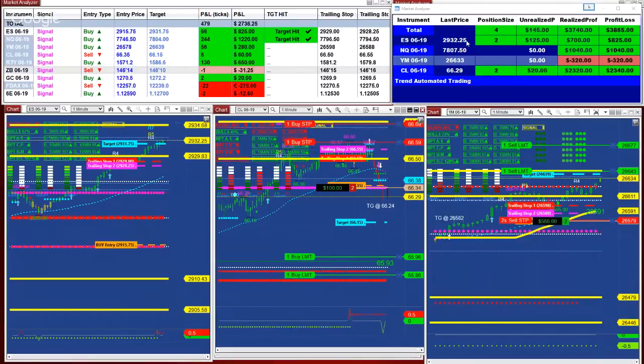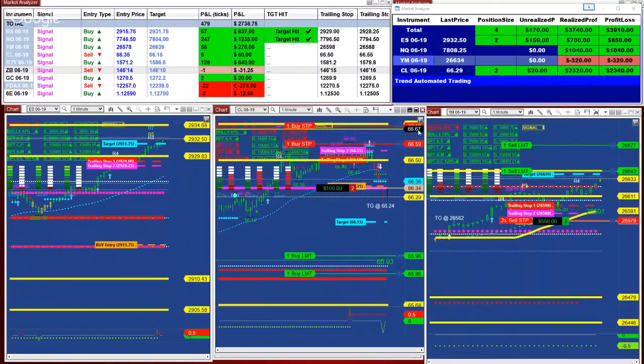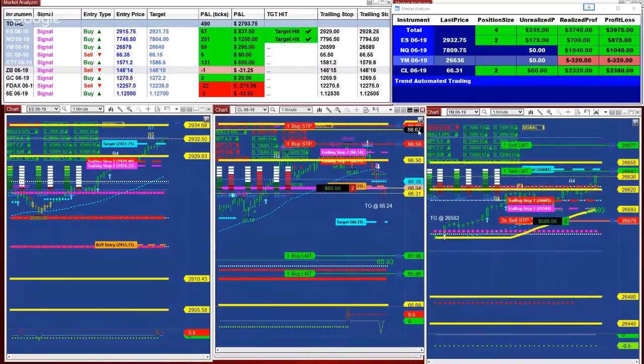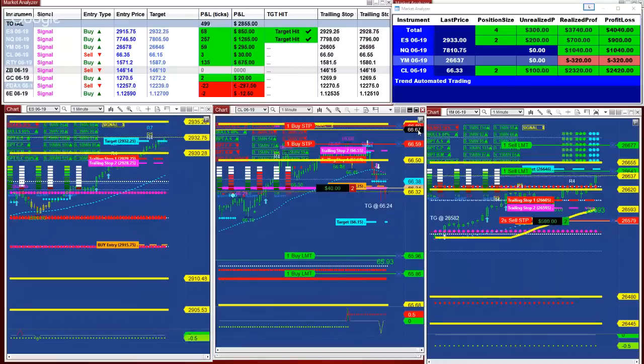The ES scalping took a trade, and the scalping on the CL took a long trade. I'm not sure this long trade is going to work. Again, Ben, we are testing it without a filter. We're not putting filters on it.